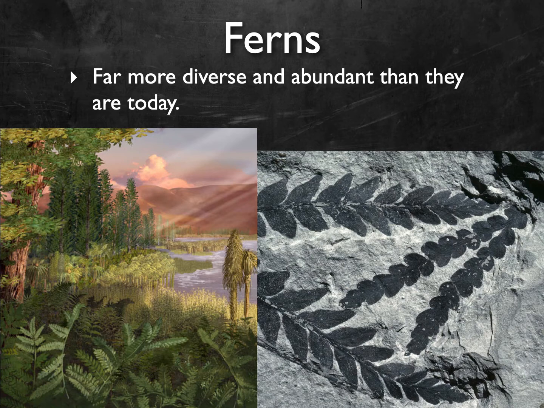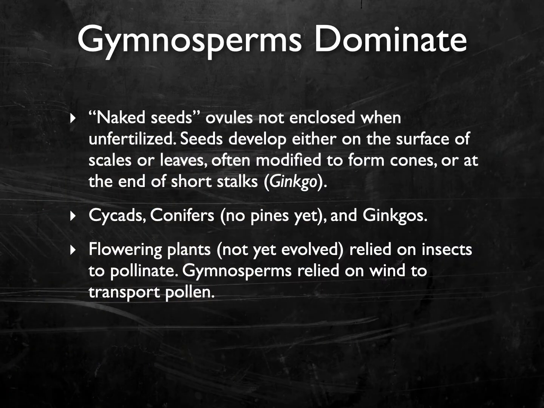But by and large, if we're talking about the plants of this time period, we really have to talk about gymnosperms. Gymnosperms are what we call the naked seed plants. So these are plants that are not angiosperms. They do not flower.